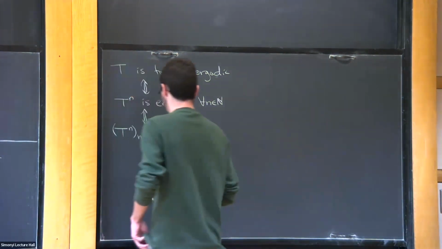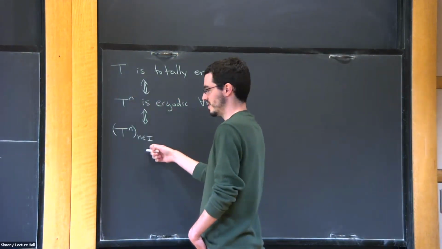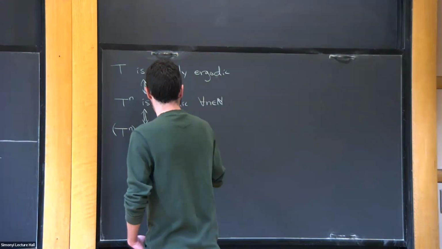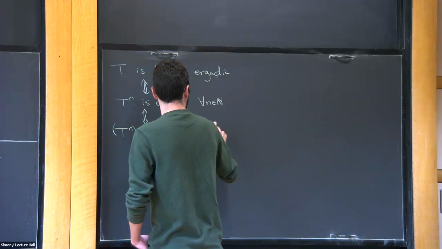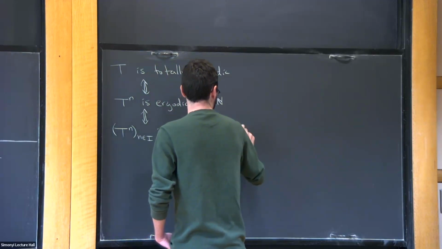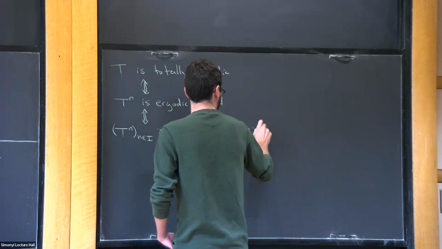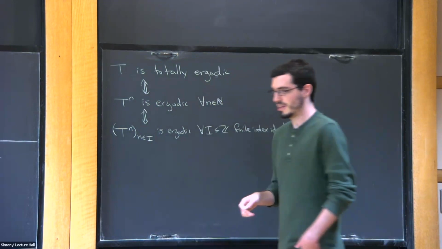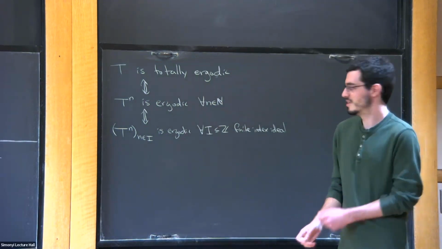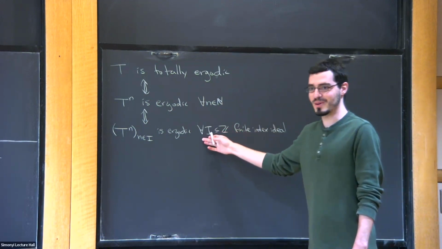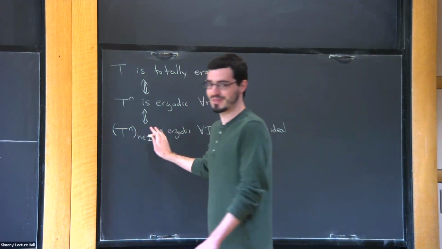If I look at the action along some ideal in the integers, I want this to be ergodic. This is ergodic for any finite index ideal in the integers.